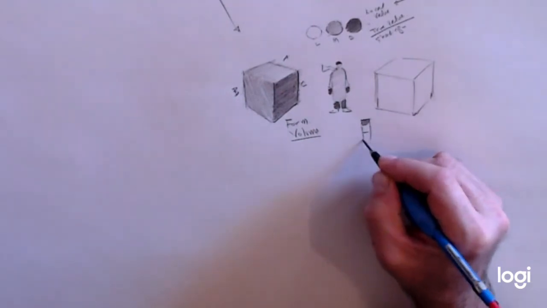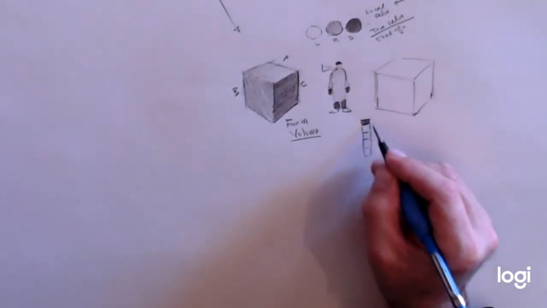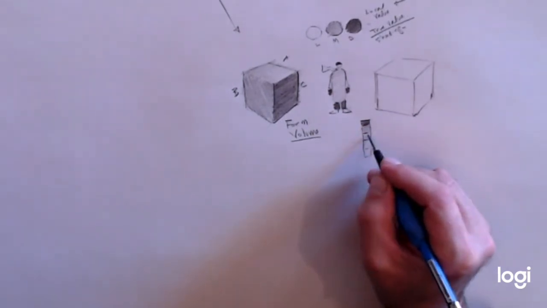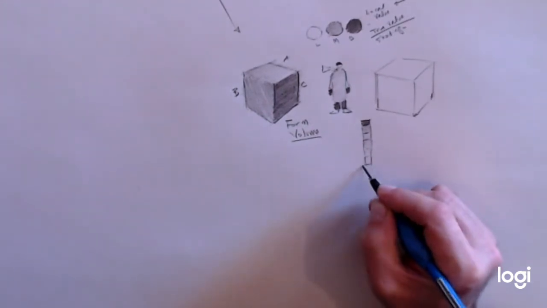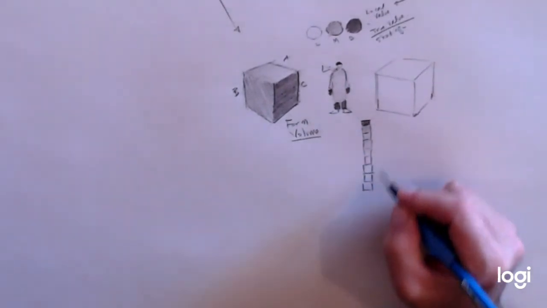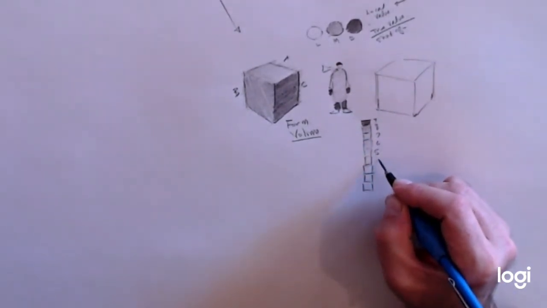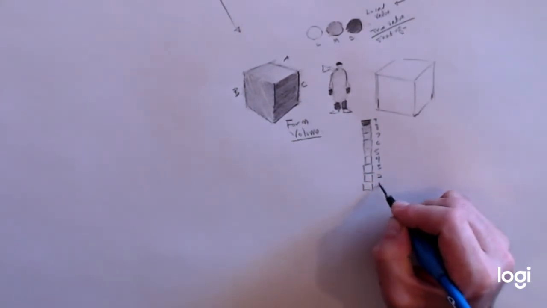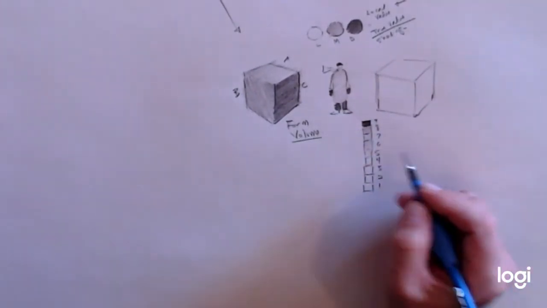If you have a value scale, say your value scale is 9 parts, where 1 is the lightest, 9 is the darkest.